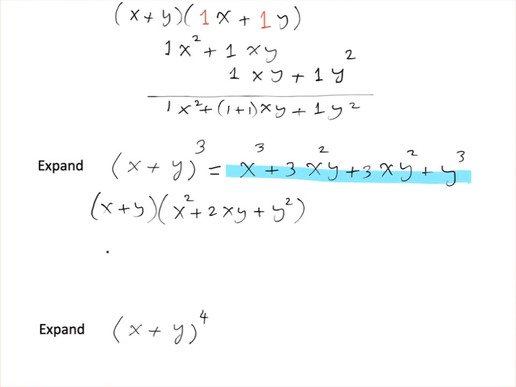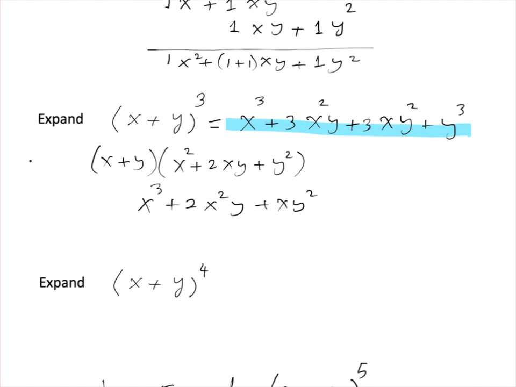Now, again, multiply x times x squared, you get x cubed, plus x times 2xy, that gives you 2x squared y. X times y squared is xy squared. And now multiply the y.